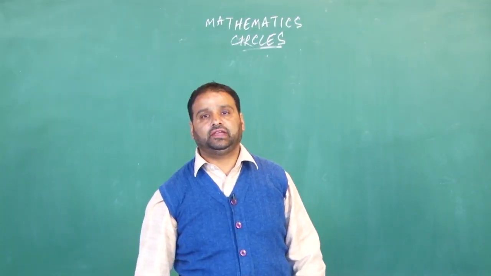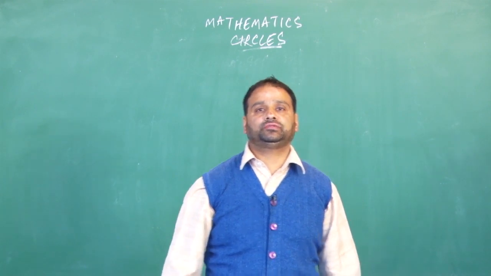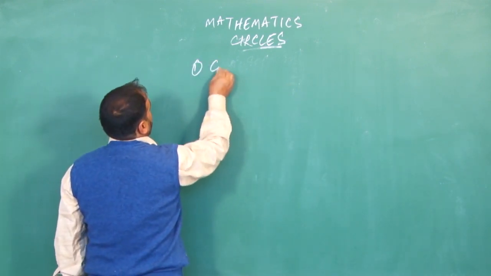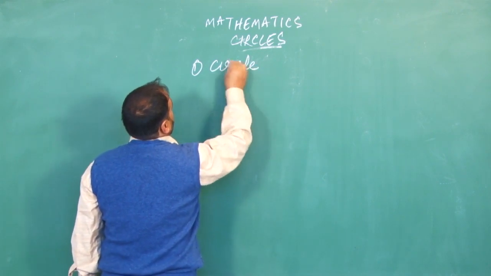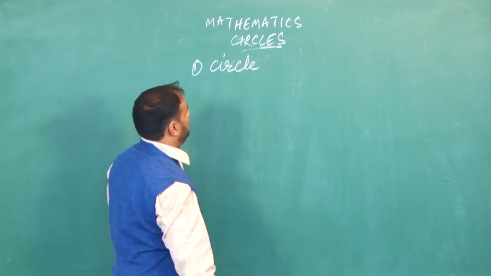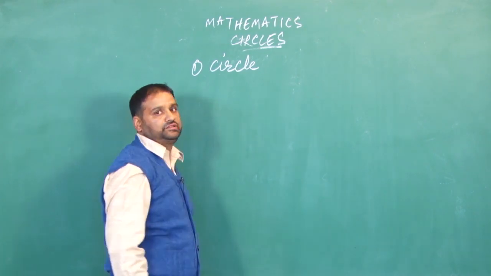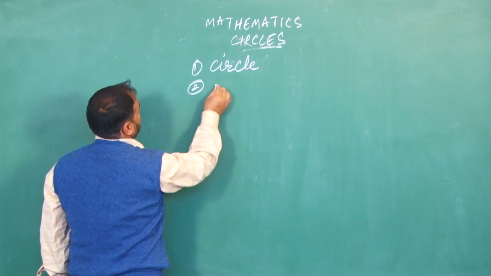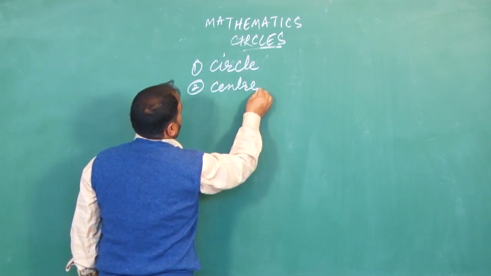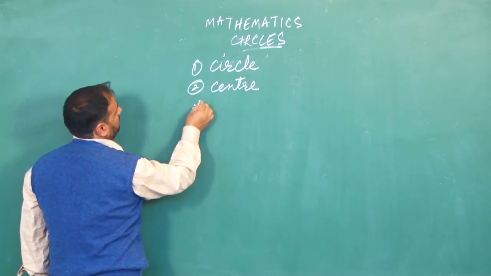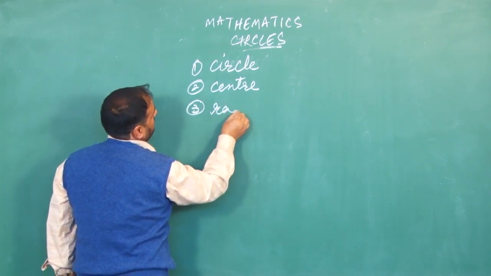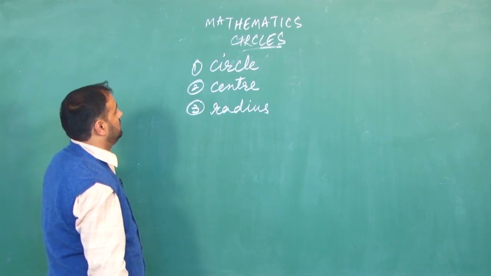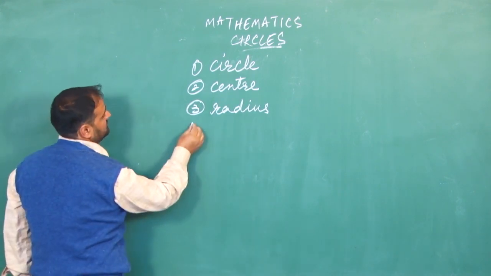Now let us recap quickly what we learned about circles. We learned what a circle is: the collection of infinite points around a fixed point, and the circle has a center. Then we learned that the circle has a radius, a line segment whose one endpoint is the center and the other point lies on the circumference.